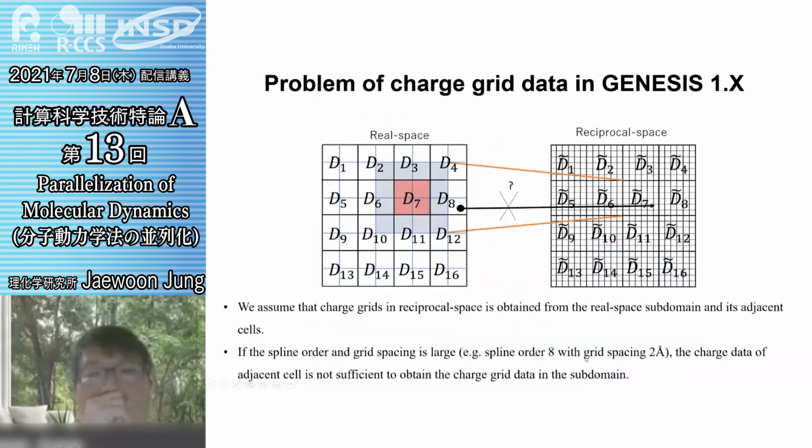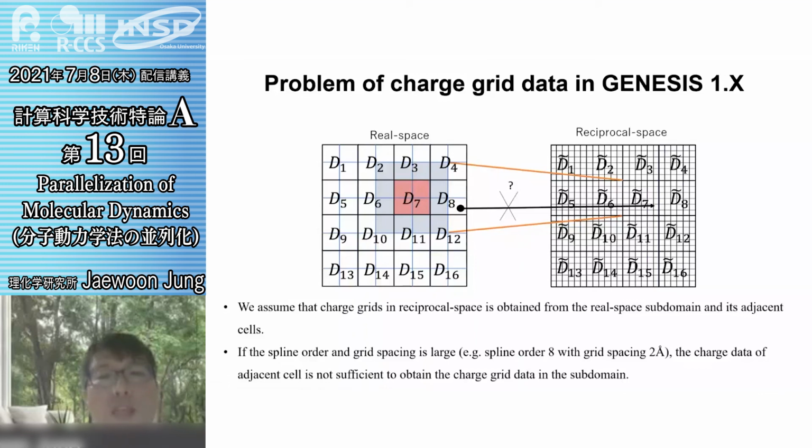But we found that this scheme cannot be well applied if we use a large spline order with large grid spacing. If we increase the spline order and grid spacing, then we can reduce the grid points in FFT, and we can greatly increase the performance of FFT by reducing the grid points.